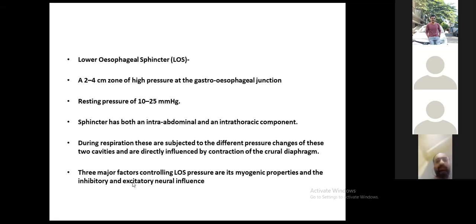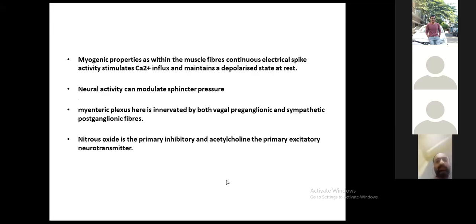The three major factors controlling the lower esophageal pressure are the myogenic property of the muscle itself, and the inhibitory and the excitatory neural influence. The intrinsic myogenic property within the muscle fibers causes continuous electric spike activity, stimulated by calcium influx, and maintains a continuously depolarized state at rest, which prevents gastroesophageal reflux.